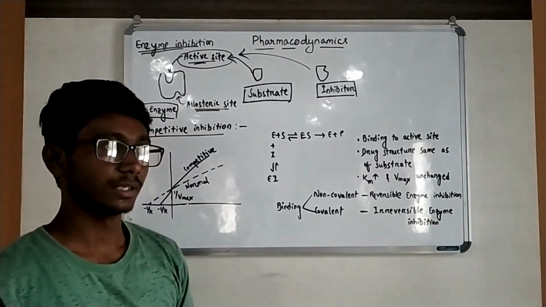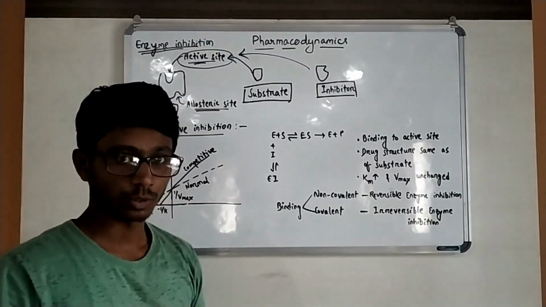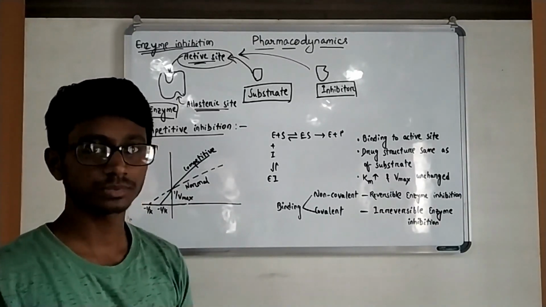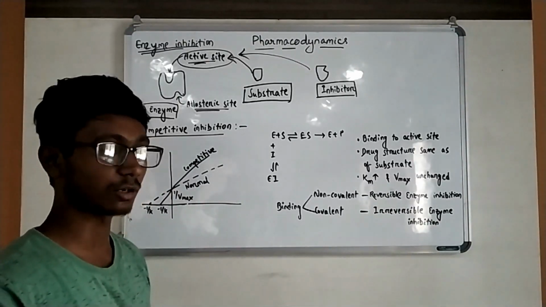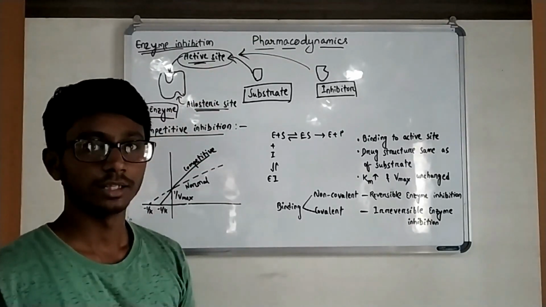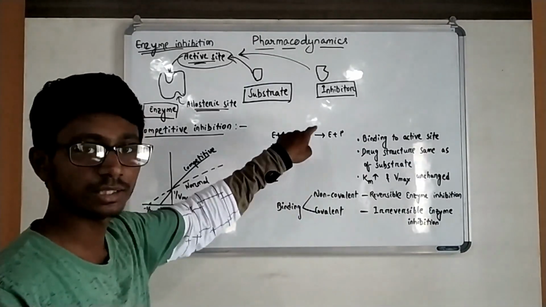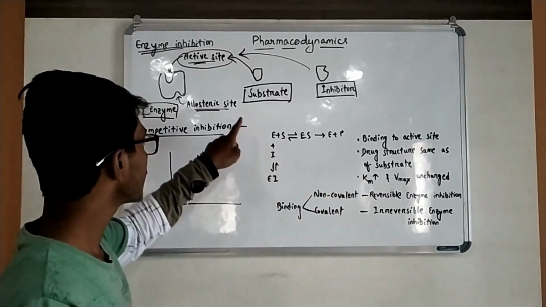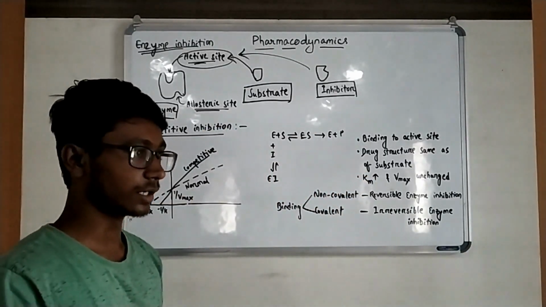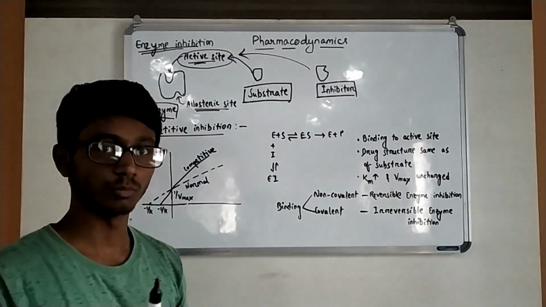So what happens? When our enzyme and substrate bind, it forms a certain amount of product. When our inhibitor comes and binds to the active site, then a certain amount of enzyme remains blocked, so that does not produce our product. This type of reaction can be reversible if we give more amount of substrate.